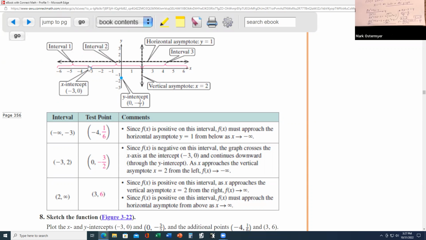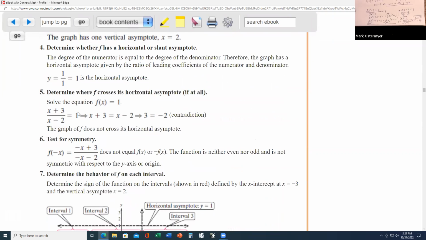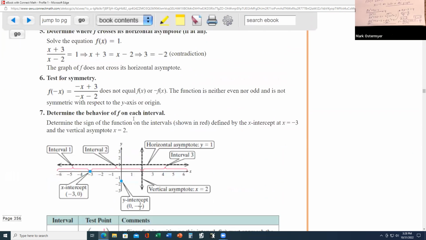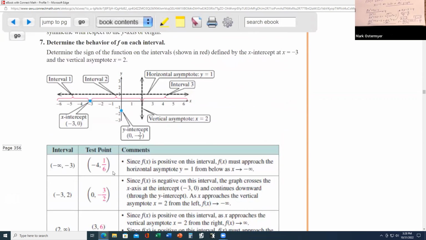So it's imperative that at x equals -4, or for any point in this interval, the y-coordinate be below 1, because the graph cannot cross the horizontal asymptote. Because if it crossed the horizontal asymptote, we would have discovered that back over here. Do you agree? By having set our equation equal to 1, we would have found that point of intersection. But there is no point where the graph crosses the horizontal asymptote. That's why this point -4, 1/6 has to be below the horizontal asymptote.